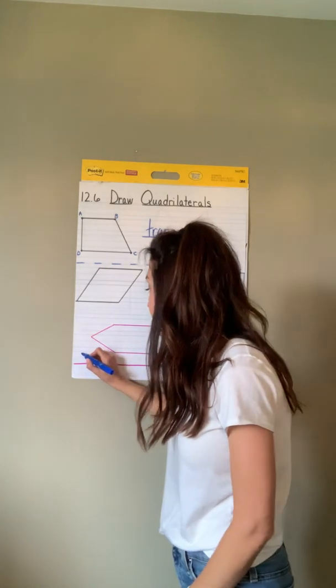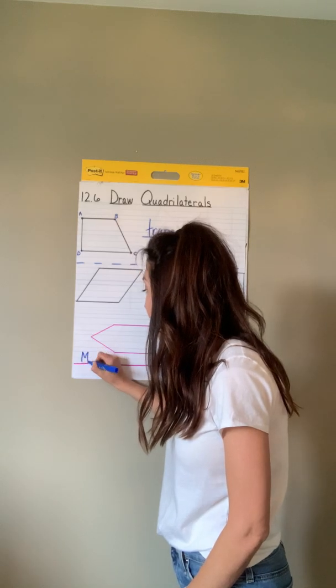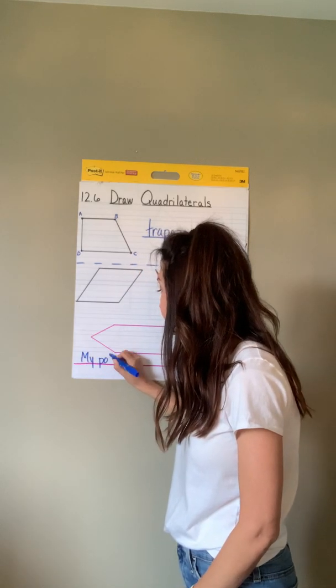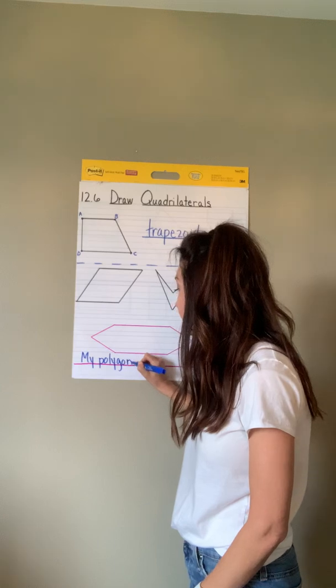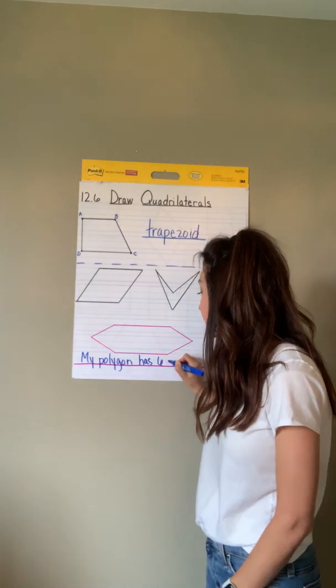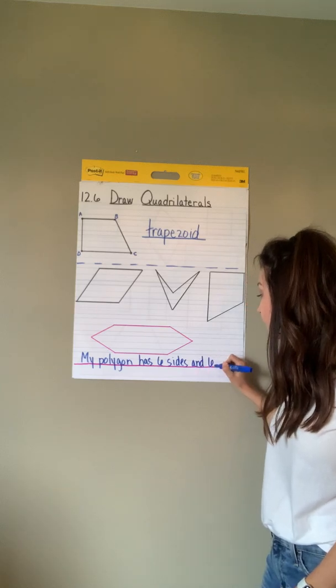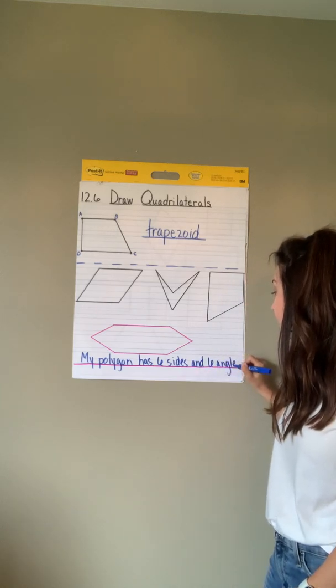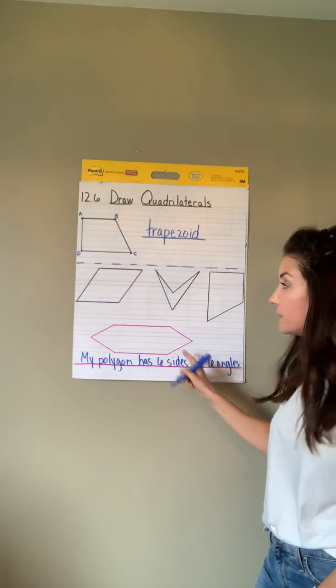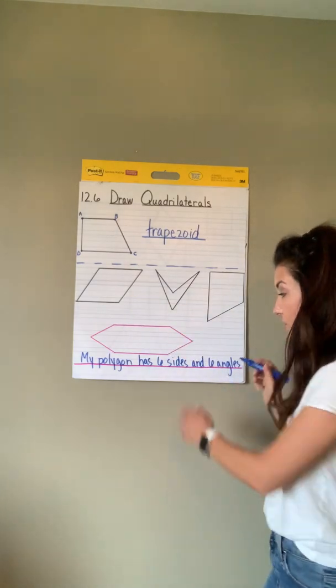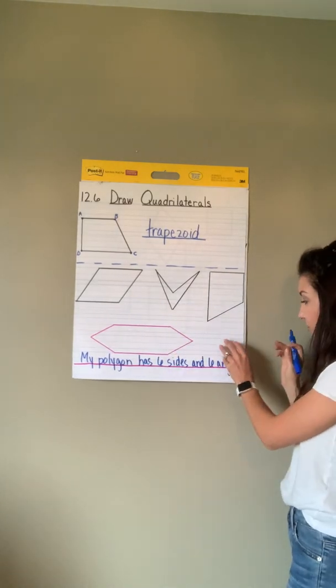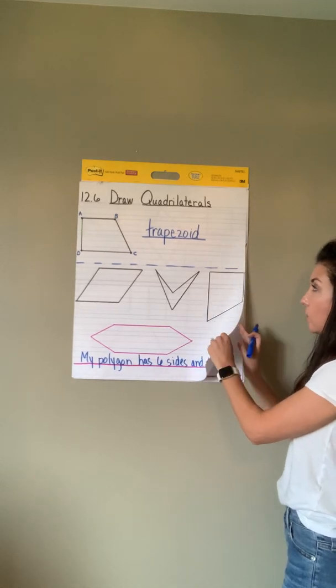It is not because my polygon has 6 sides and 6 angles. And that's obviously different from 4 sides and 4 angles. So that's what makes my polygon that I drew not a quadrilateral.